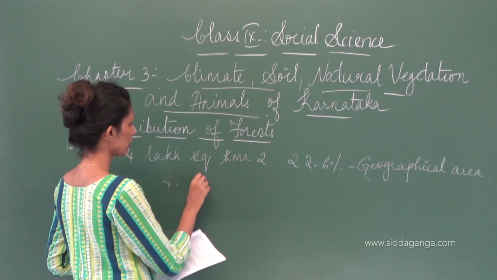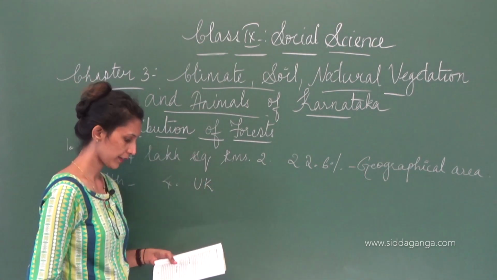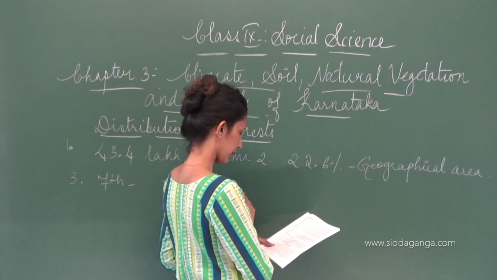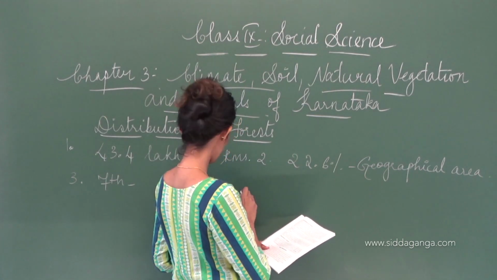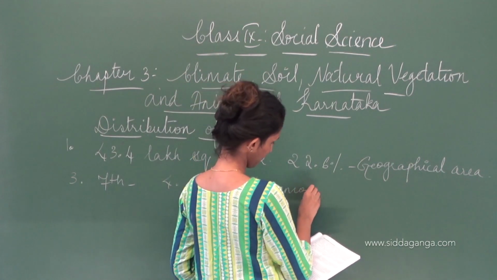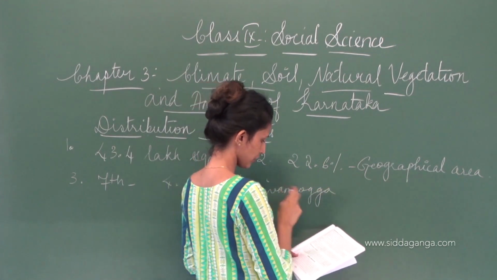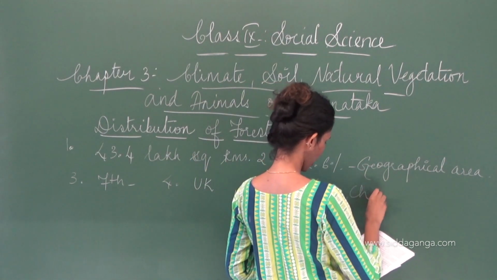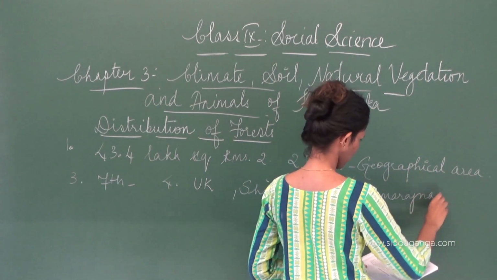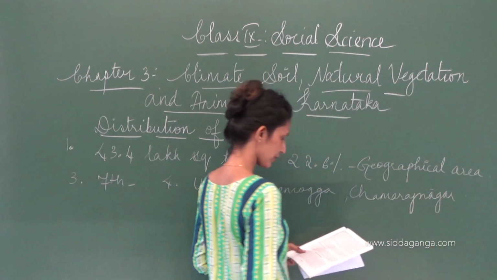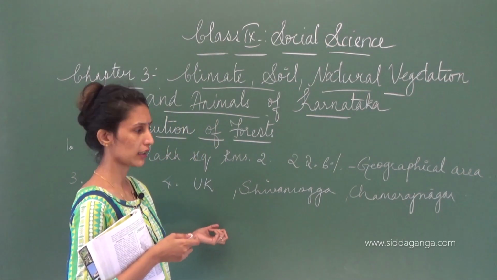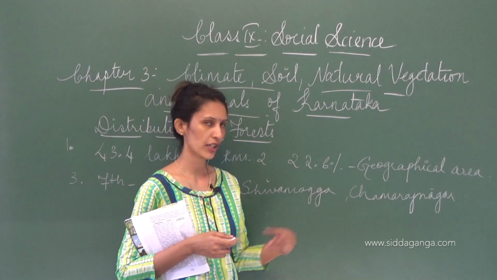Now, Uttar Kannada has the maximum forest area. After Uttar Kannada is Shimoga, and then Chamarajanagar, not Chitradurga, Chamarajanagar. So Uttar Kannada has most of the area covered by forest, followed by Shimoga and Chamarajanagar.